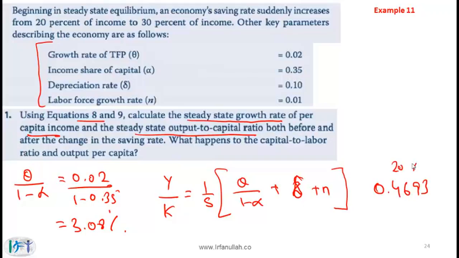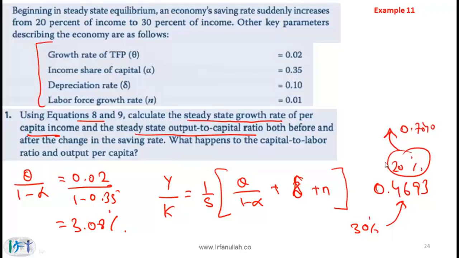This is with a 20% rate. And if the savings rate is 30%, then you should get, actually with the 30% rate you have this number 0.4693, and with the 20% rate we have 0.7040.